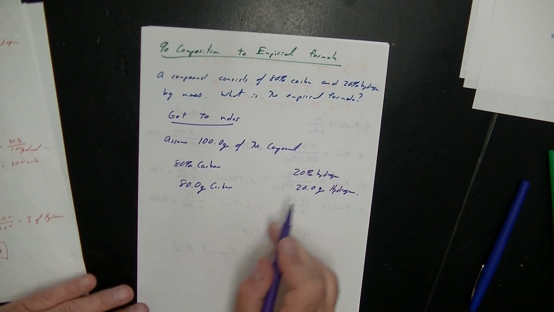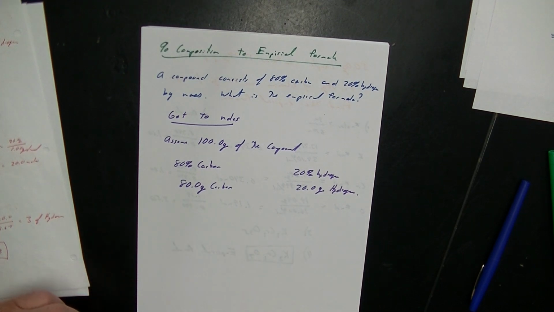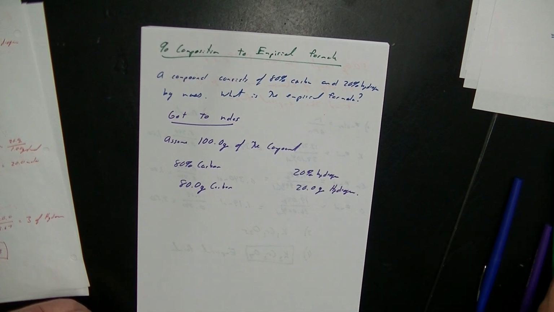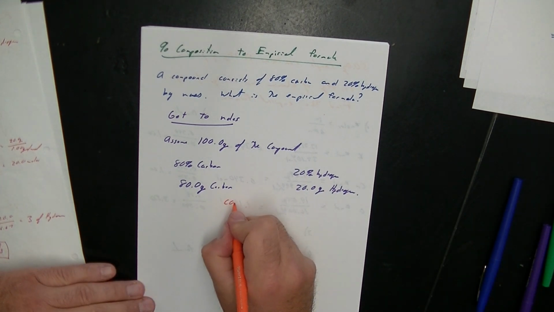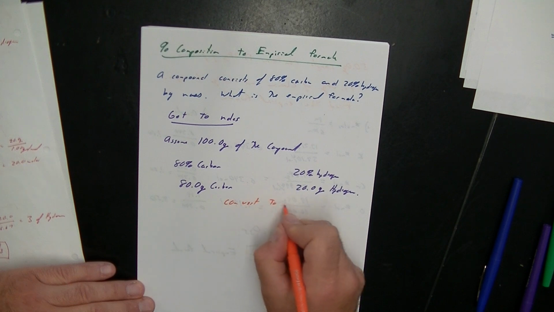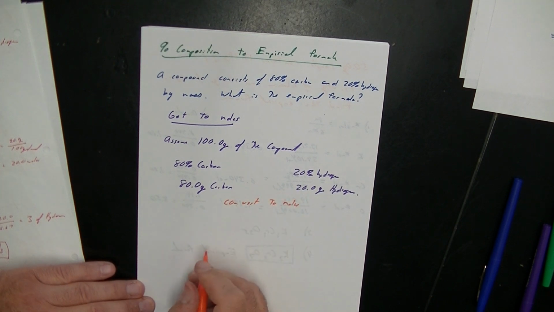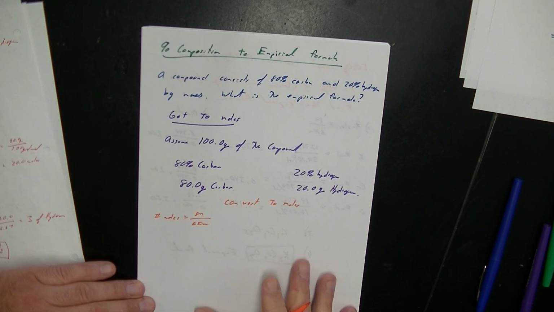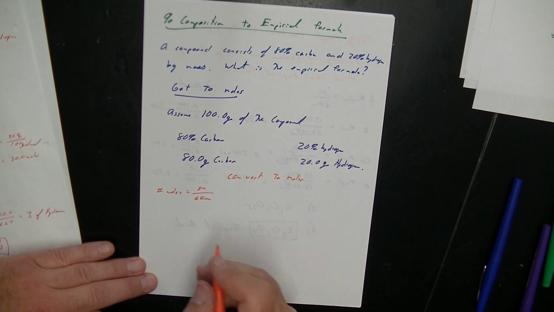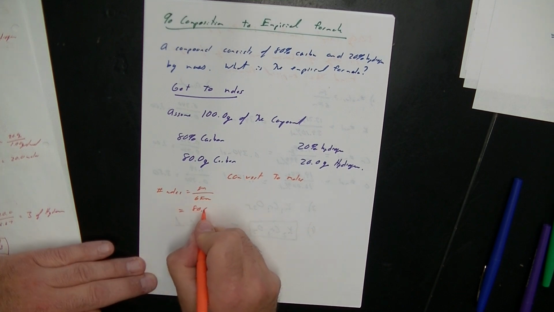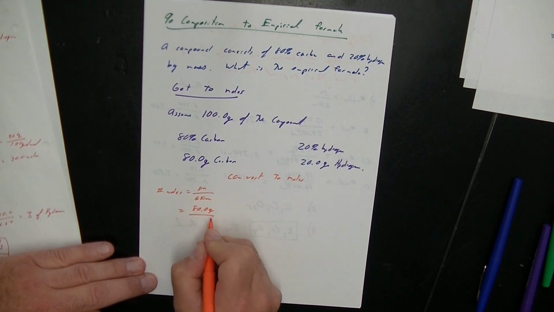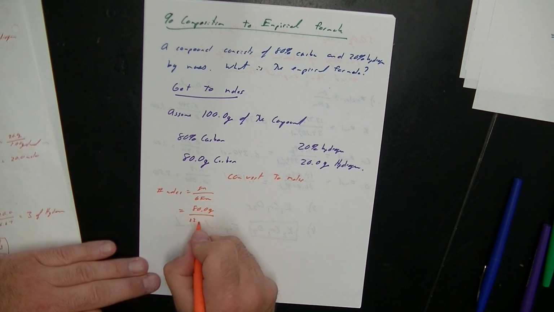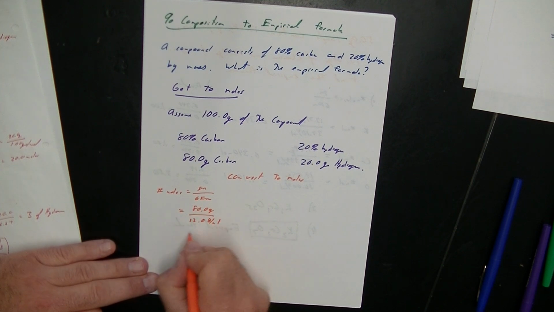Now that I have some grams, I can convert to moles. Number of moles equals given mass over gram formula mass, or molar mass: 80.0 grams divided by 12.0 grams per mole.